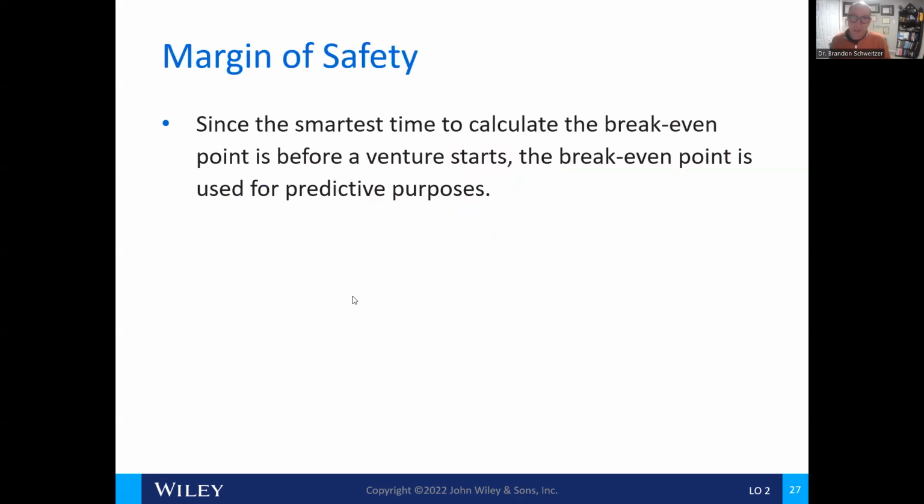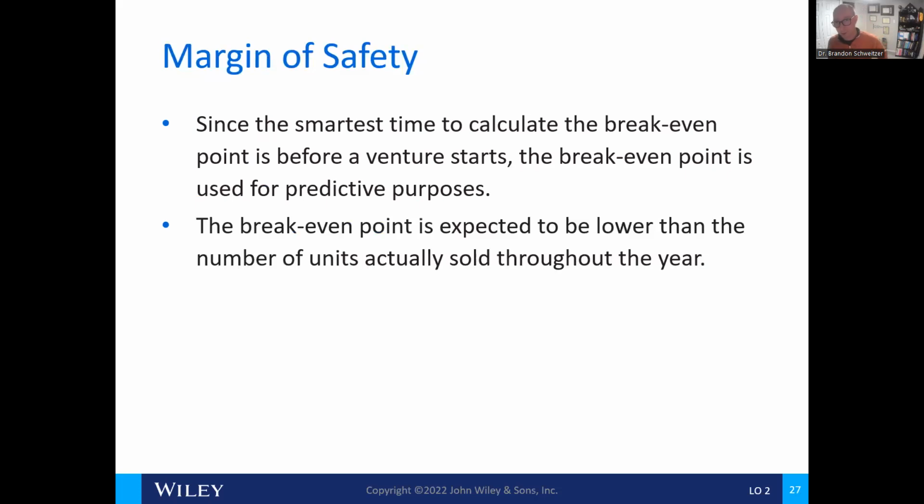The margin of safety tells us the time to calculate break even is before a venture starts, before we start production. Break-even point is used for predictive purposes. Of course, the point of break-even will change as costs change in the future.